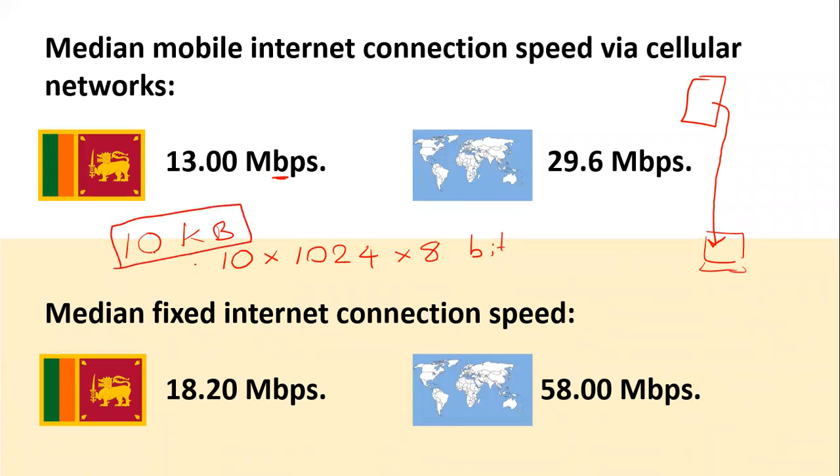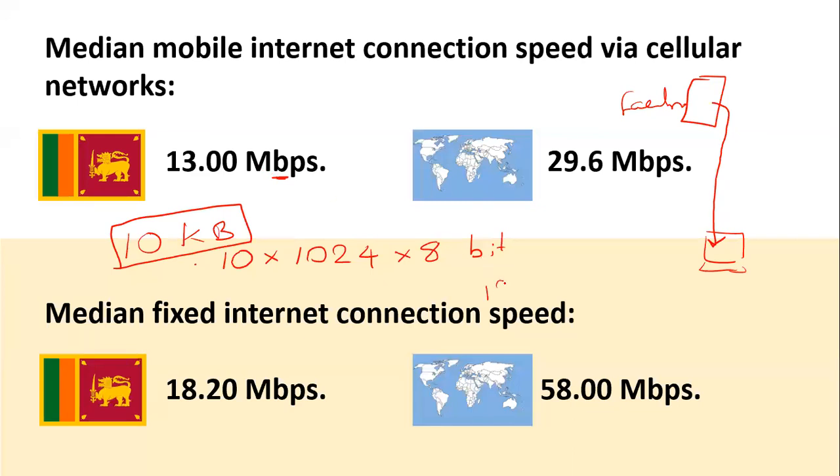Or I am supposed to see from Facebook here, right? If my speed is this one, what's the meaning of that? Per second, I can download 13 megabits.